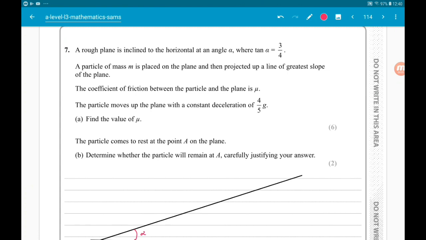Okay, number 7. A rough plane is inclined to the horizontal at an angle alpha, where tan of alpha is 3/4. A particle of mass m is placed on the plane and then projected up a line of greatest slope off the plane.